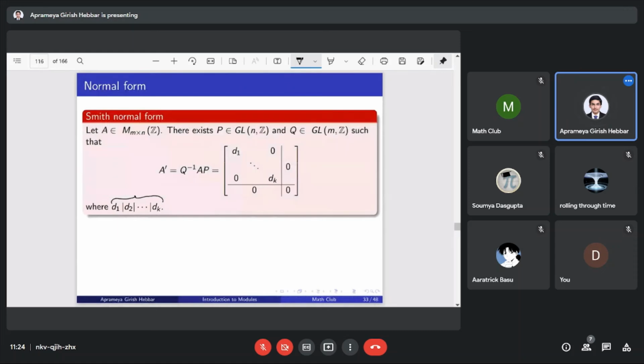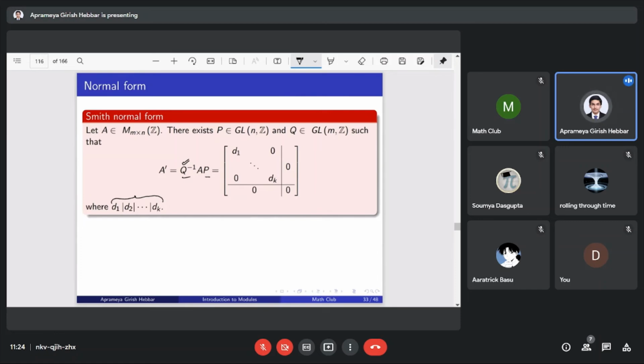Why are Q and P and these divisibility relations true? Because at each step you are performing row and column operations, right? So every operation will produce some elementary matrices which will be multiplied to the left as well as to the right.